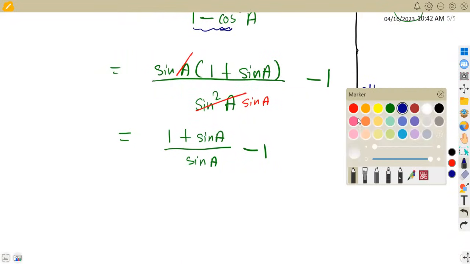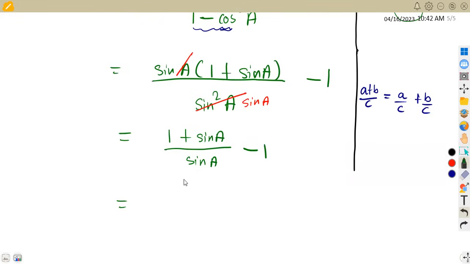That is, we can separate this as 1 over the sine of A, dividing each by sine of A, plus here we are going to remain with the sine of A over the sine of A. That is A over C plus B over C, each separated with the denominator of C. Minus 1. All right, so let's check here.